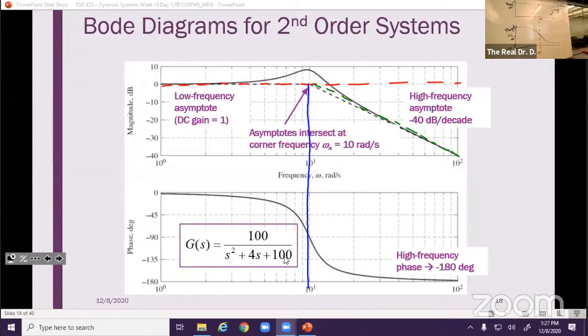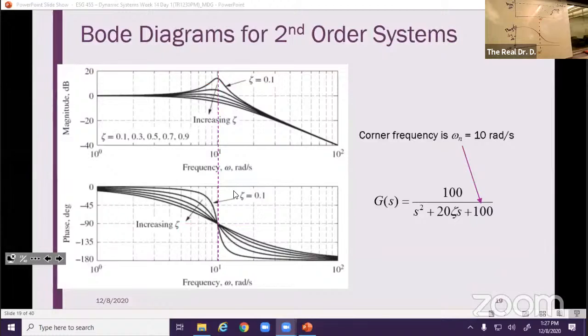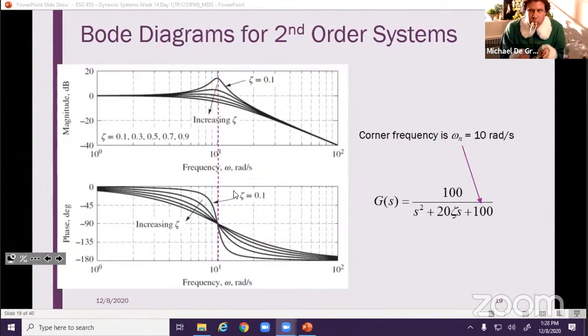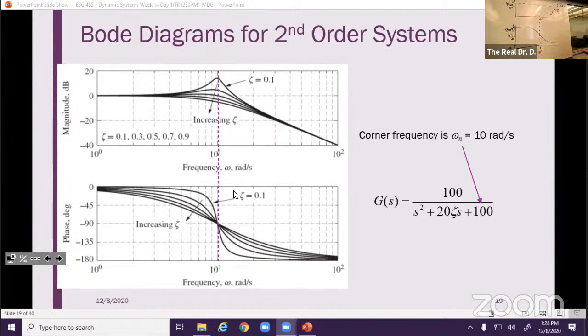Why is that, though? Well, that has to do with the damping ratio. Turns out that as the damping ratio increases, we will force our system to look more and more first order.